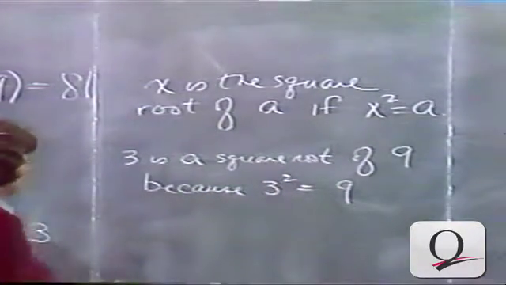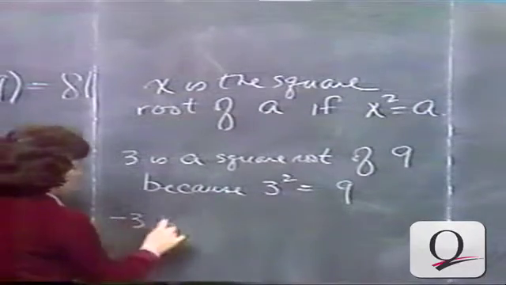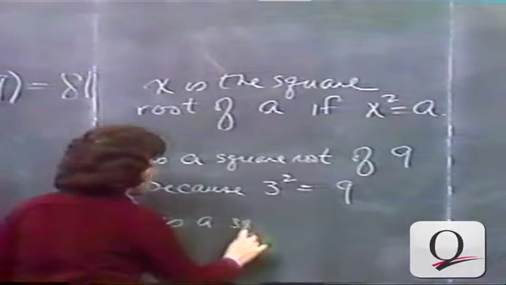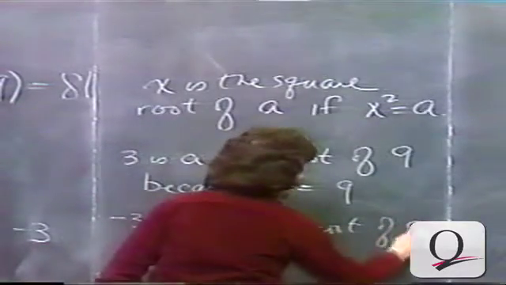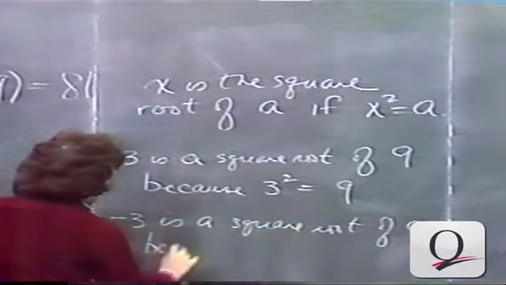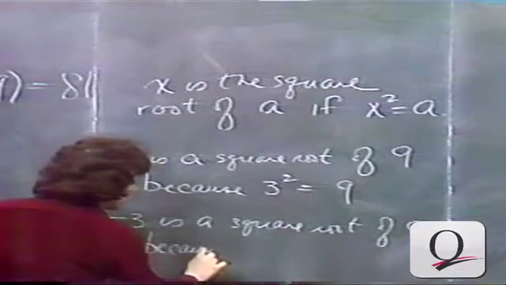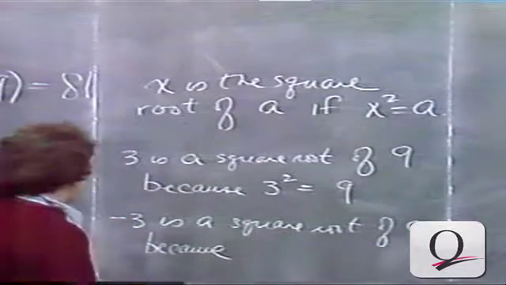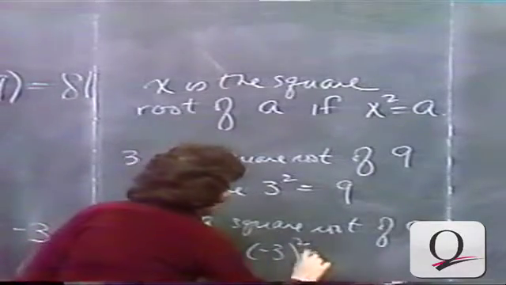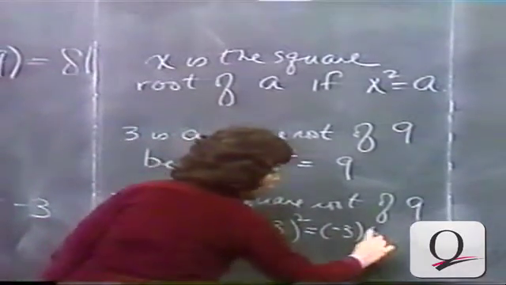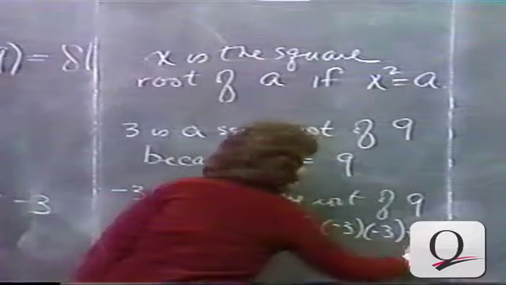We can also say minus 3 is a square root of 9 because minus 3 squared, which is minus 3 times minus 3, is 9.